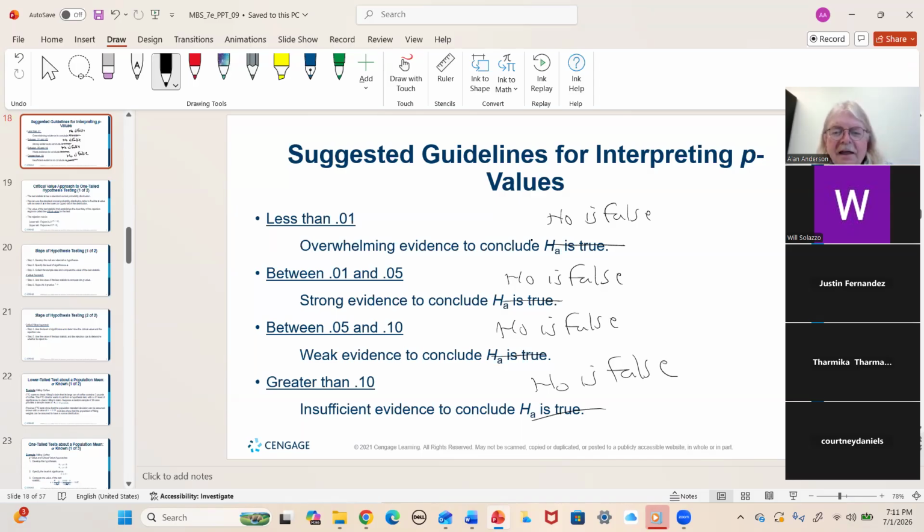I didn't even realize that they were talking about HA, which is very strange. Normally it's all explained in terms of the null hypothesis, but a very small p-value tells us that we should reject the null. That's the bottom line. A very high p-value means we should not. All right. Now everything's okay.